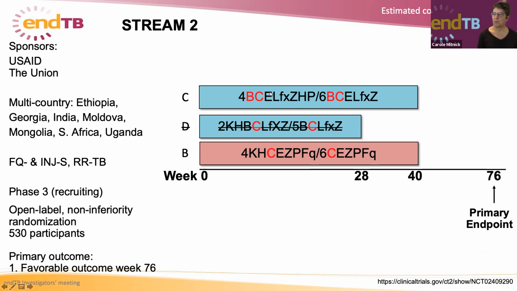So this trial compares 2 shorter regimens, one all oral, notably without linezolid, to the so-called Bangladesh regimen. Enrollment was completed in early 2020, and according to clinicaltrials.gov, we can expect the results in August of 22, reporting on the primary endpoint of favorable outcome at week 76.